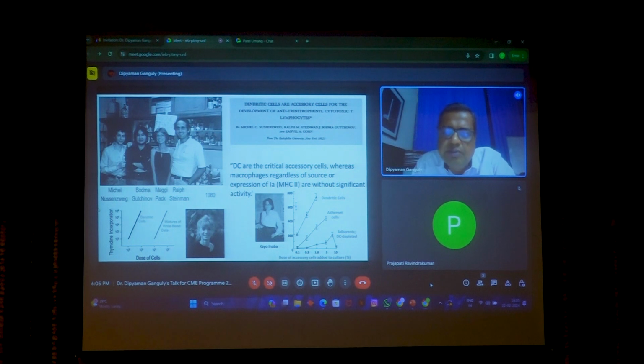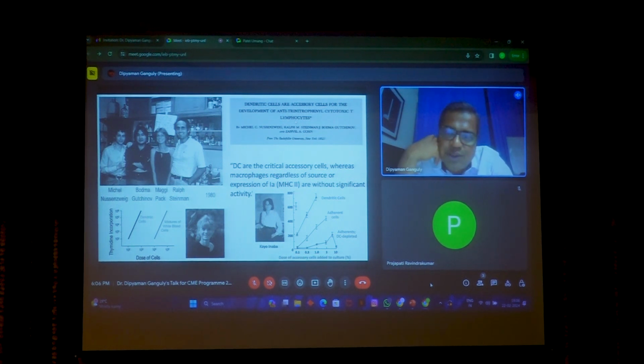Interestingly, at that time, Kayo Inaba was a scientist in Japan. She also independently was looking at these cells, and she knew about Steinman's paper, which was published in JEM, the original paper in 1978 or 1979, and she actually asked Steinman to accept her in his laboratory so that they could work together.